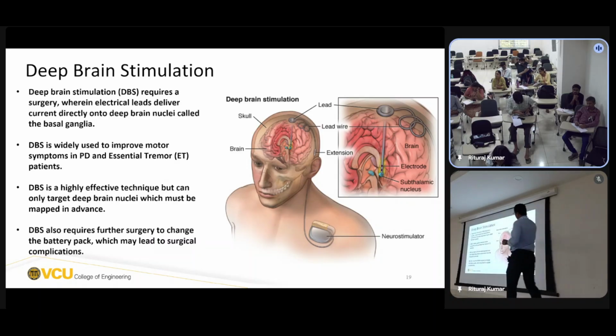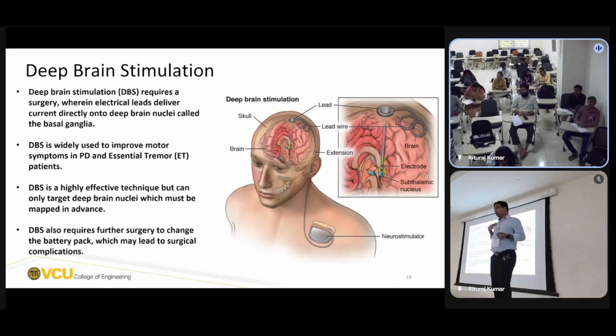And then there is deep brain stimulation, which is an invasive procedure. So a DBS lead goes from the skull all the way to the subthalamic nucleus, STN, okay? And it continuously stimulates that area through a battery pack that is again implanted right below the skin here.